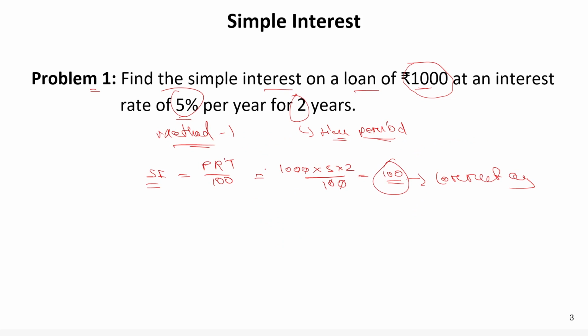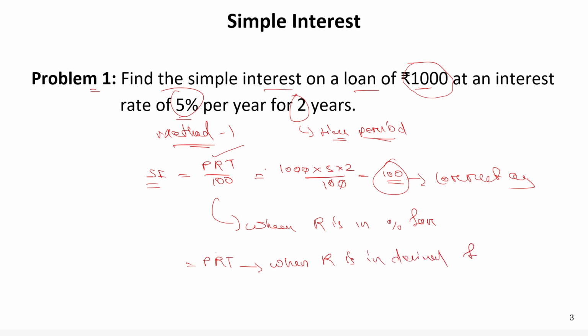When the rate is in percentage form, this formula is used, and SI is equal to PRT when R is in decimal form.